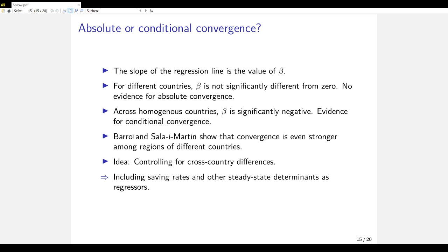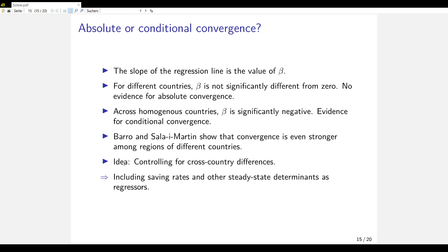So the idea that we can take with us from this preliminary empirical analysis is that we can do a cross-country analysis if we manage by some way to control for cross-country steady state differences.